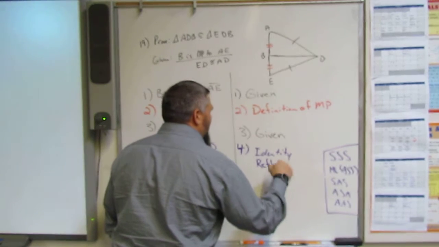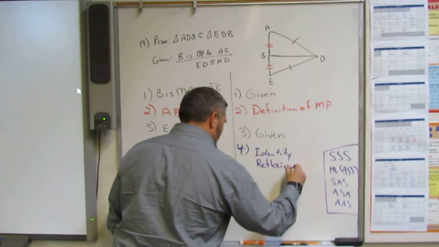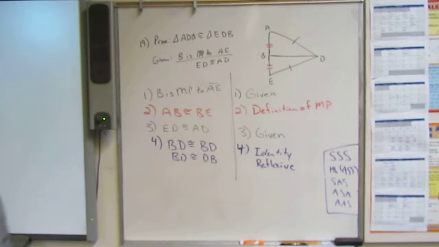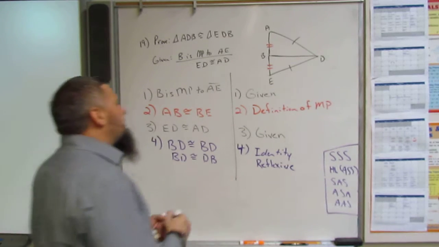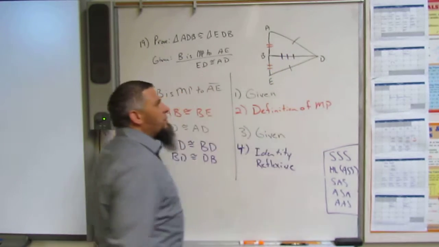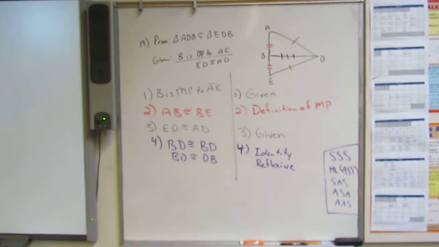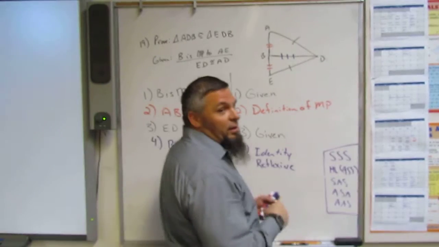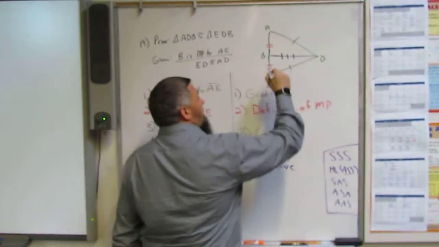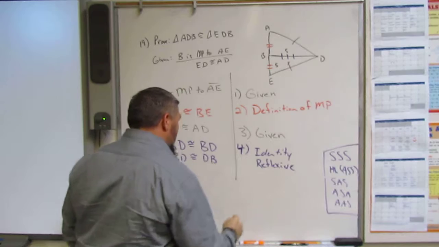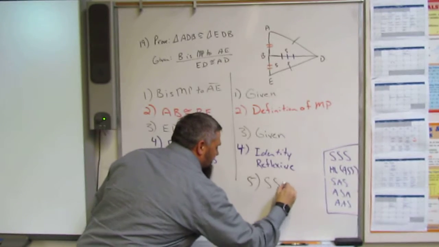Reflexive. Sorry. It's like reflection, but it's reflexive property. Okay? So now we know that these are congruent. So what do we have here? Side, side, side. Good. So 5 is side, side, side.